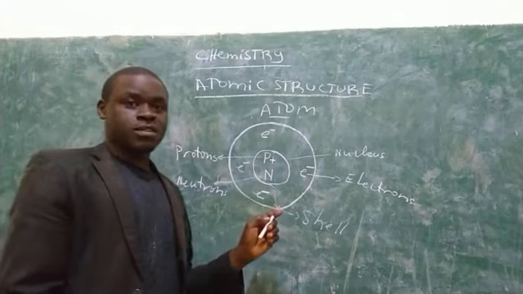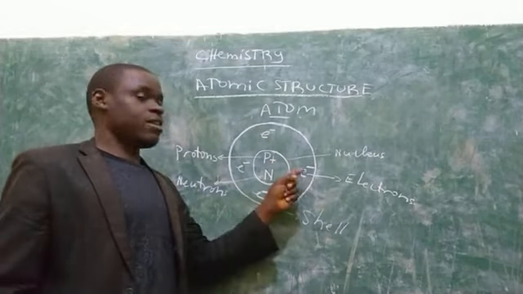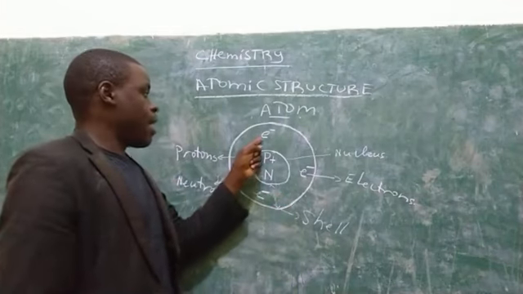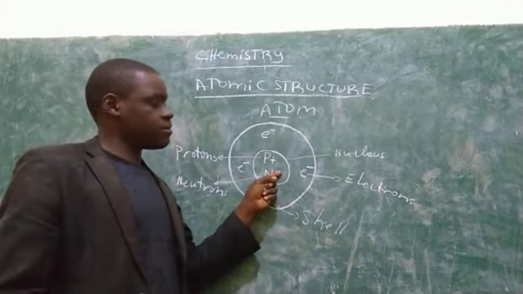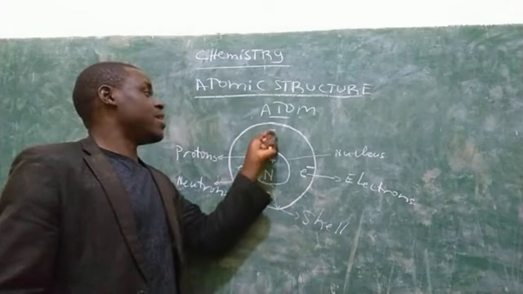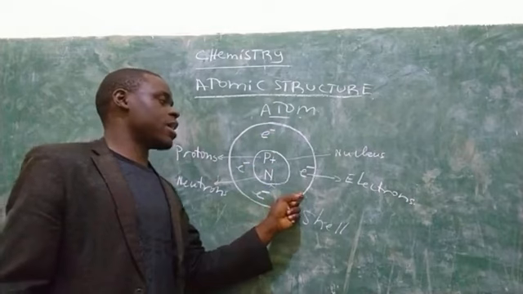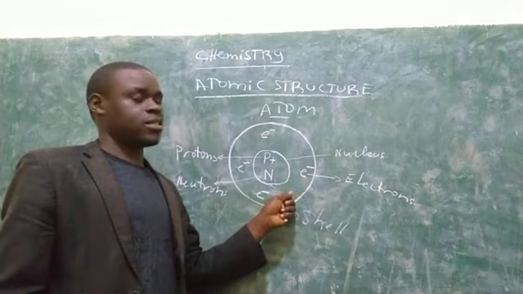Positive and positive repel. Negative and negative repel. So protons, which are here in the nucleus, attract the electrons, so that electrons cannot go away from the boundaries of the atom.